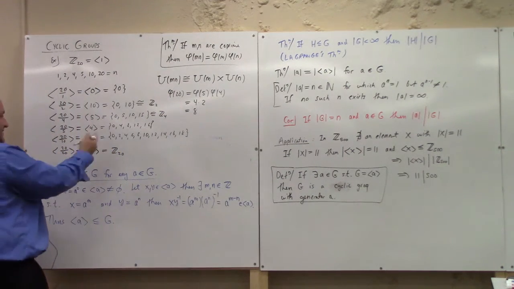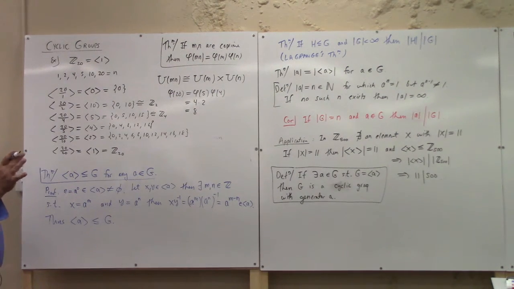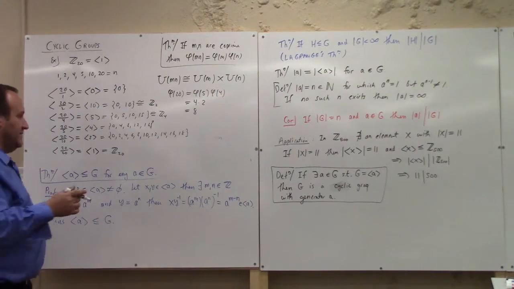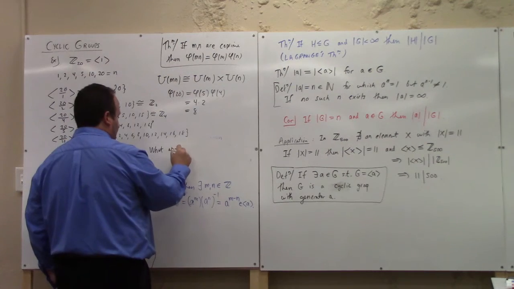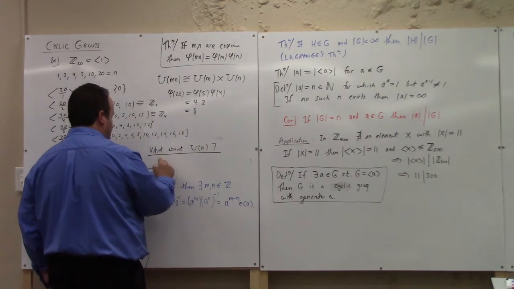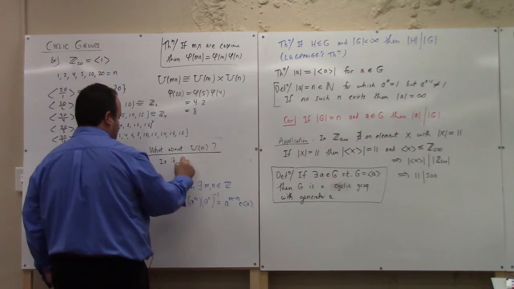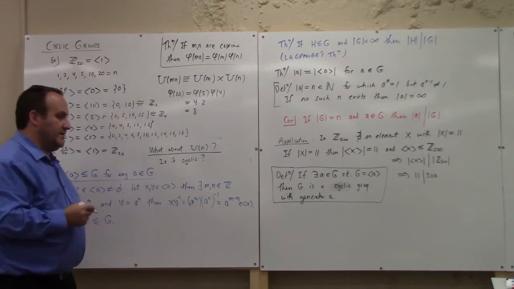This literally is Z20. Now, bringing back a question I alluded to earlier, one of the questions we need to answer next time is, what about U of n? Is U of n a cyclic group?